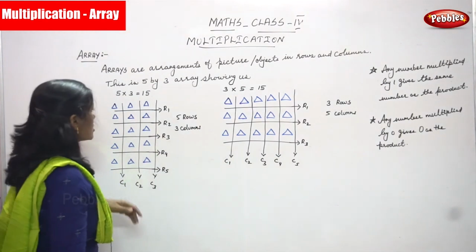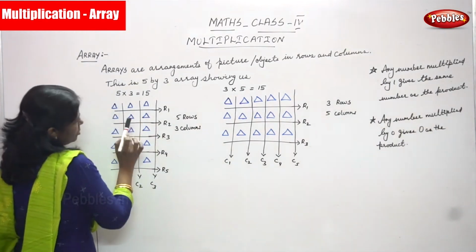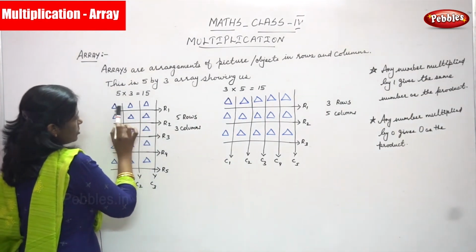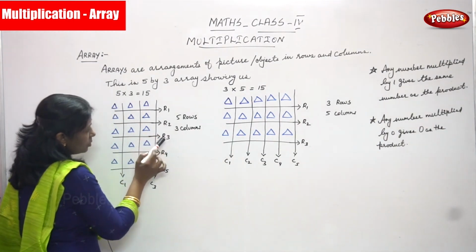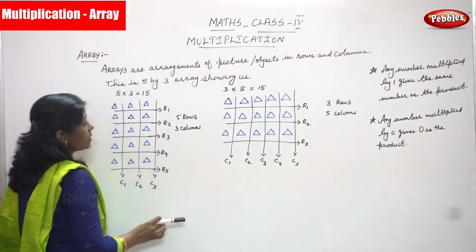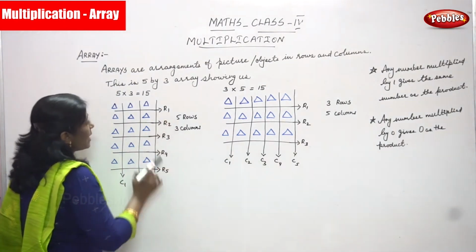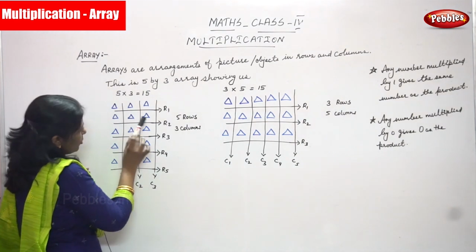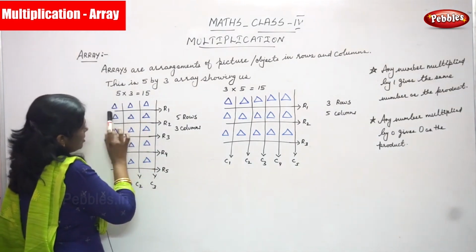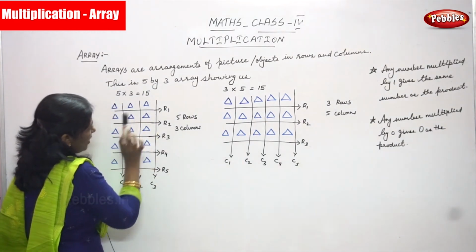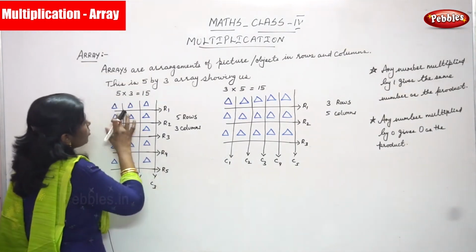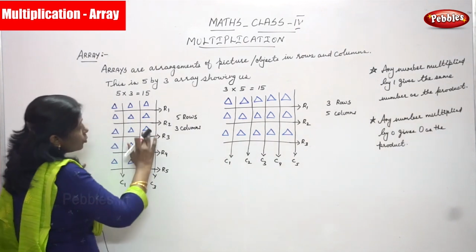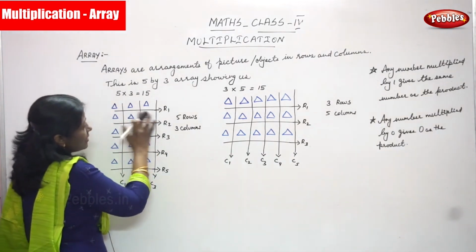So 1, 2, 3: the first row has 3 triangles. How many rows? First row, second row, third row, fourth row and fifth row. So 5 rows, and the object is a triangle. I've drawn 3 triangles in 1 row.